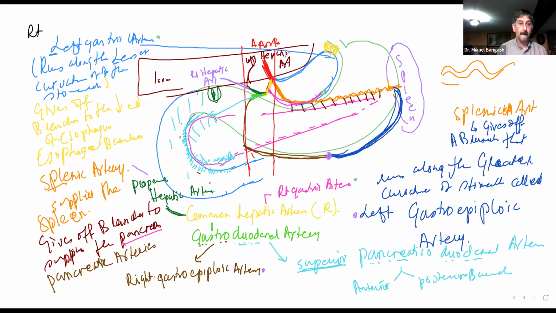And what your right hepatic artery will do is give off branches to the gallbladder called the cystic artery.